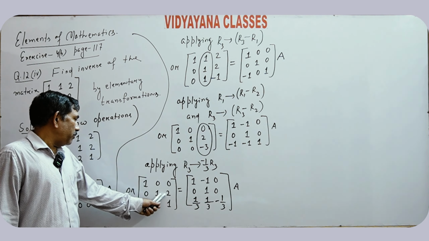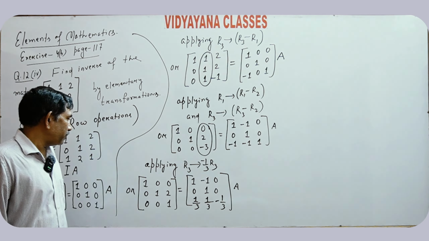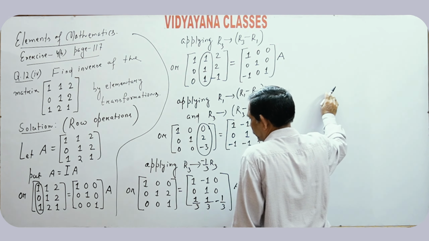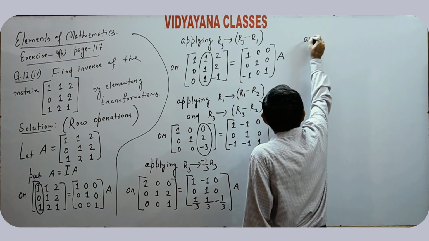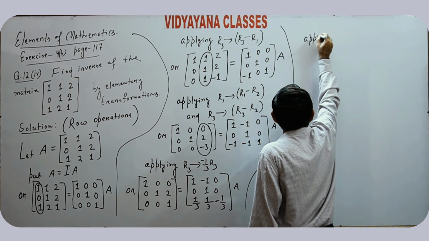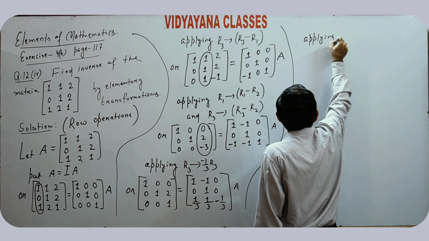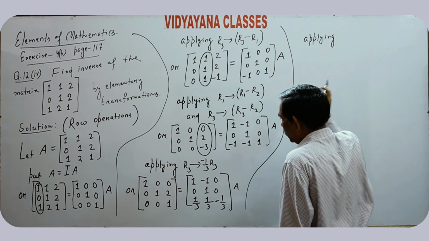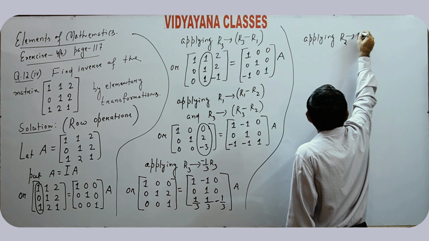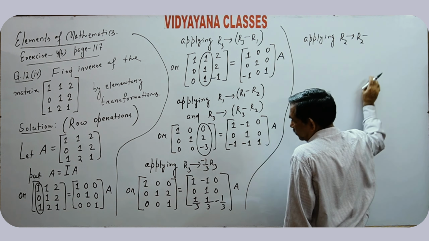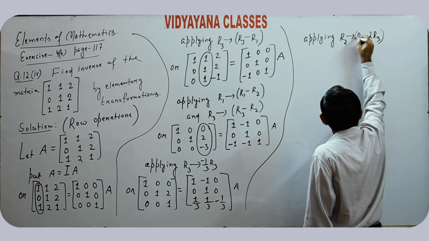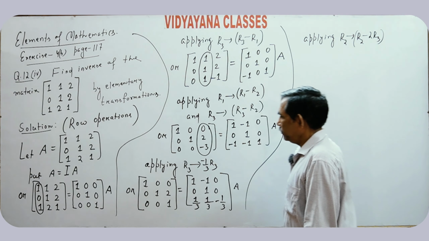Now we will change the element 2 as a 0. Applying row 2 is replaced by row 2 minus 2 times of row 3, so that it will be 0.